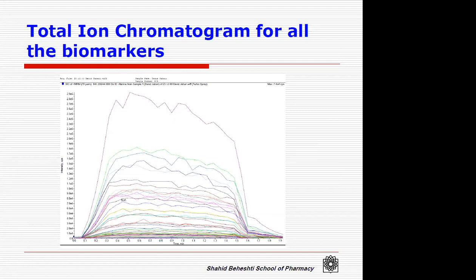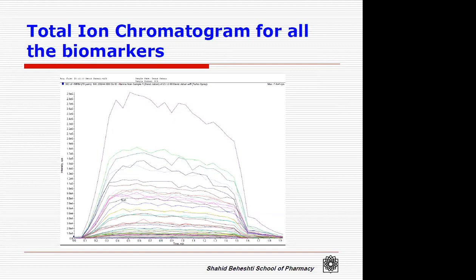In that methanolic solution, we have the labeled compounds at an amount that is calculated very accurately. And when you use that methanol solution of the labeled compounds for extracting the natural biomarkers, you're getting the natural biomarkers into the methanol solution.